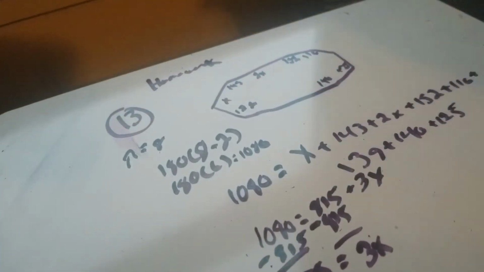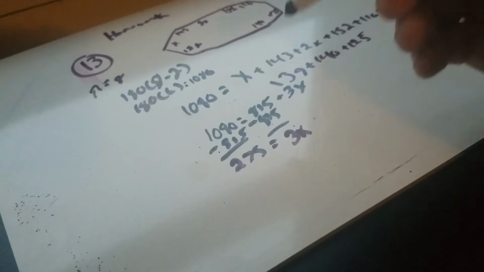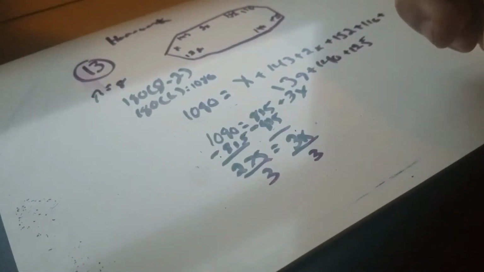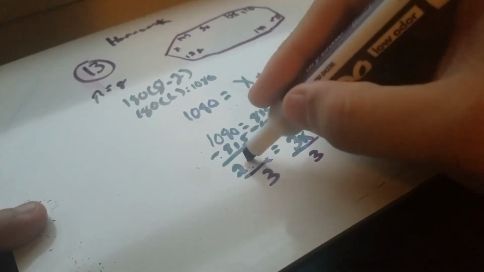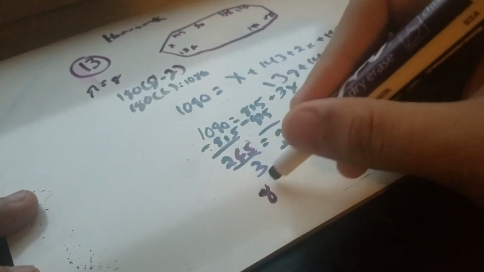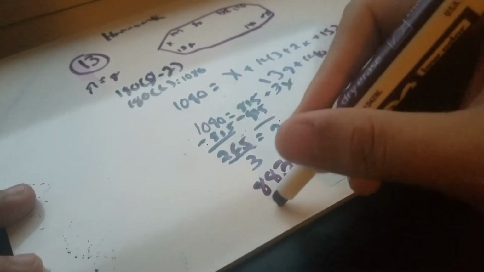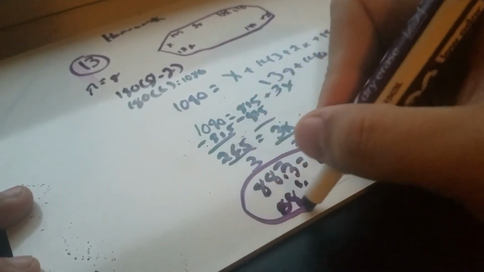And I know it's 3x because I had x plus 2x adds up to 3x. Then I'm going to divide by 3 on both sides. And a slight error in subtracting, it is 265. And then 265 divided by 3 is 88.3 repeating, which is x. If you know, that is 88 and 1/3. Both are okay. I don't care which one you write.